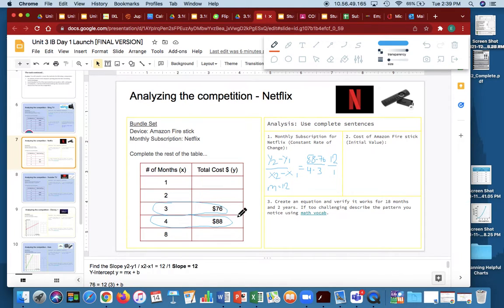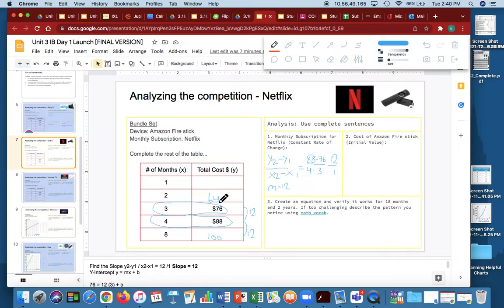Next, I need to figure out what my initial value is. I also can look here. Now that I know my rate of change is going to be 12, I can also just fill out the chart. So I could just keep filling out my chart, and so that 88 plus 12 is going to give me 100. And then this way, since I'm working in reverse, since I had added to get 76, I'm going to have to subtract 12. So that's going to be 64.